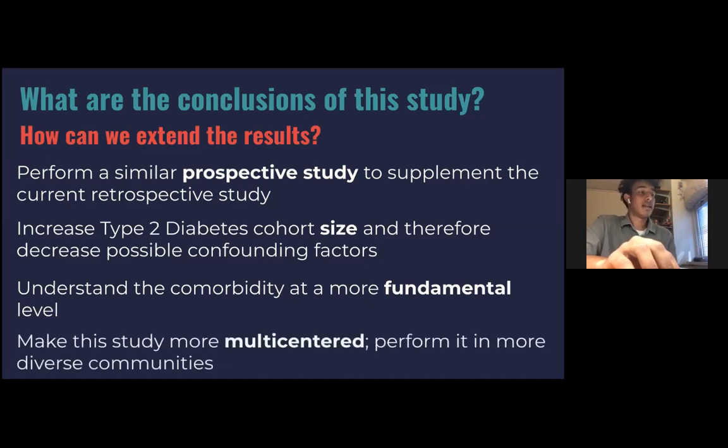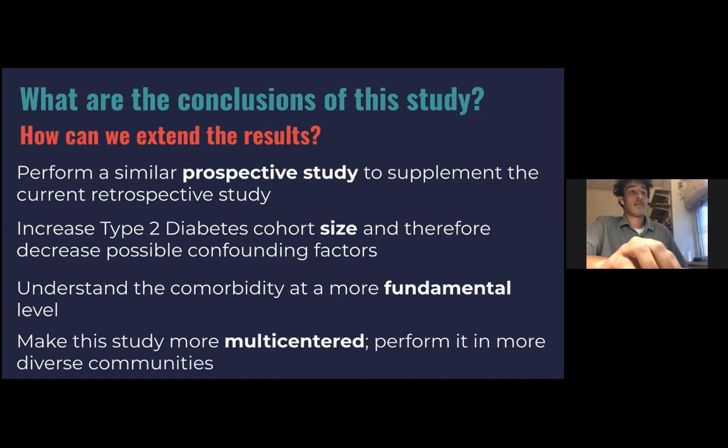Okay, and the last thing, to extend the results, is to make this study more multi-centered, and that is to perform it in more diverse communities. As I had mentioned previously, both COVID-19 as well as type 2 diabetes affect certain populations at a disproportionate rate. And if you remember, the current study that we're talking about now was done only in the Hubei province in China.